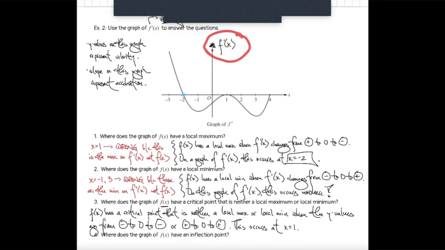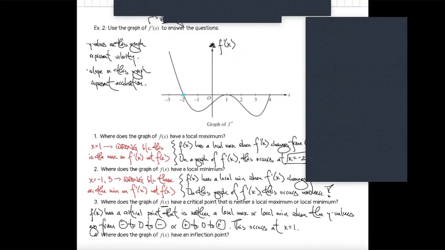Because we're looking at f prime of x. Okay, it's a local maximum on f prime of x, but it's not a local maximum on f of x. And that's something that takes a lot of adjusting for our brain to kind of get, okay? So it's okay if it's hard. And I know you can do it. I know you can work to understand that, okay? So let's go ahead and stop this recording.